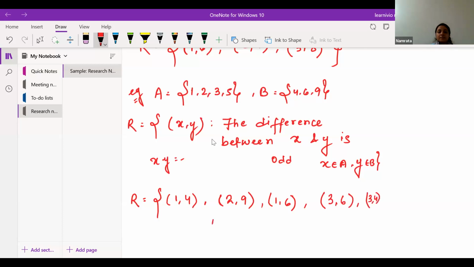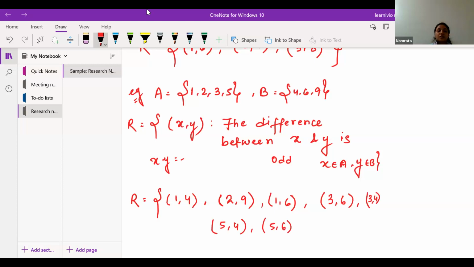Then 5 and 4. Then 5 and 6. Yeah, that's all.